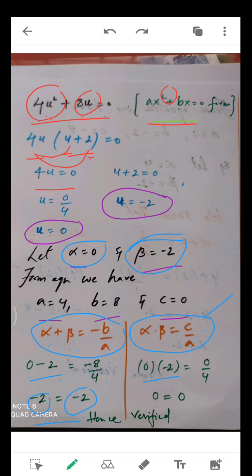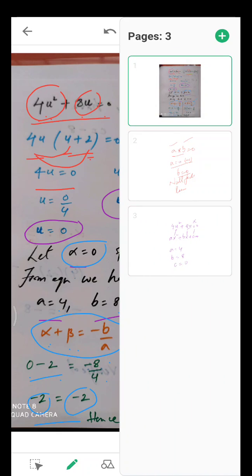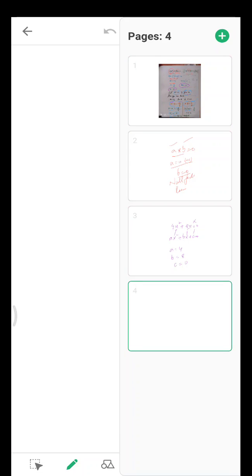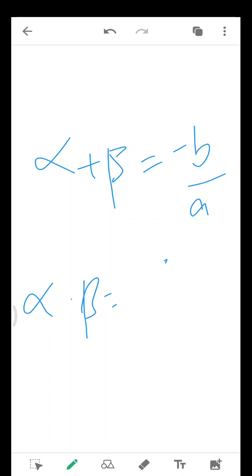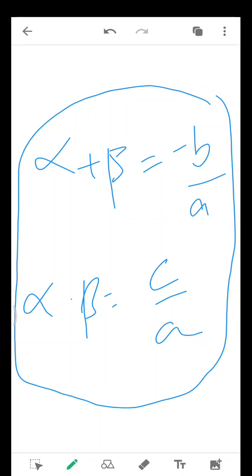Sum of the roots, alpha plus beta, equals minus b by a, and product of the roots, alpha into beta, is equal to c by a. These two formulae are used to verify the sum and product of roots. Hope it's clear to you.